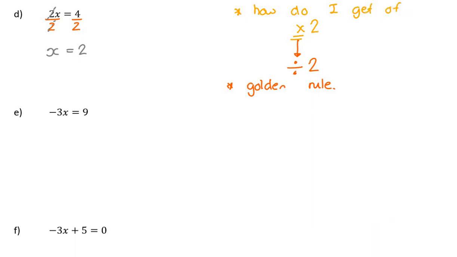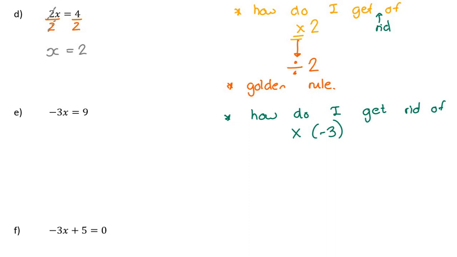Now the question is, how do I get rid of multiplying by negative 3? Now, there's nothing wrong with it being negative. How do I get rid of multiplying by negative 3? Now, most people here will want to start adding 3 because they see the negative sign and it freaks them out and they want to start adding. But just be careful.